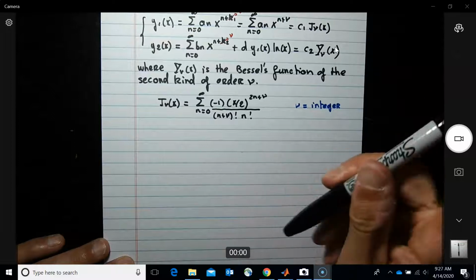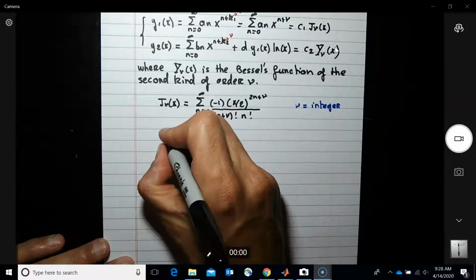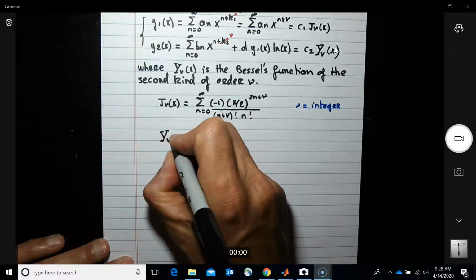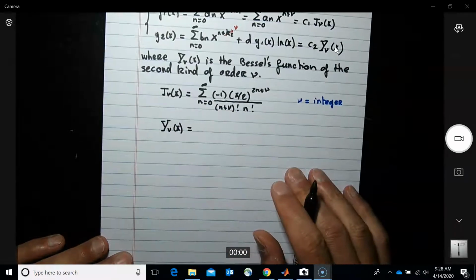And now the relation for the Bessel function of the second kind of order mu. This is a long equation.